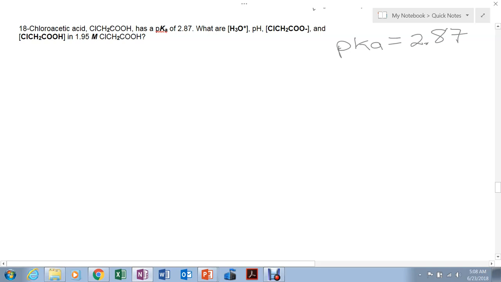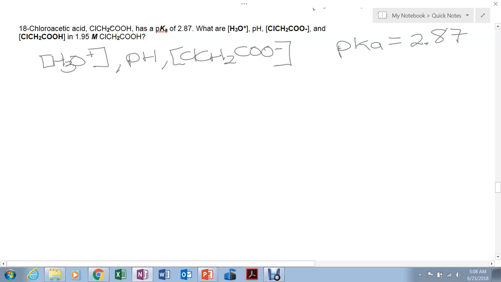What are the concentrations of hydronium H3O plus, pH, and concentration of ClCH2COO negative in 1.95 molar of the acid? So you got here ClCH2COOH plus water.